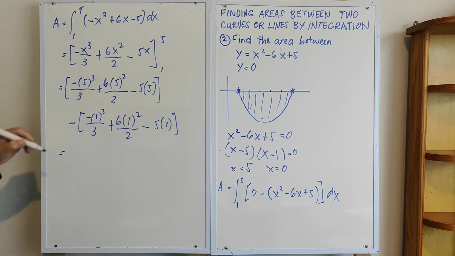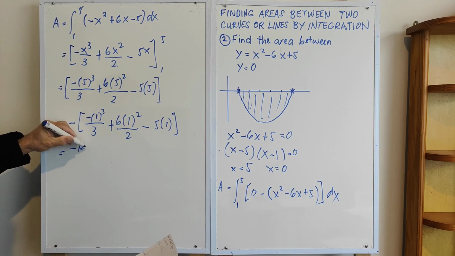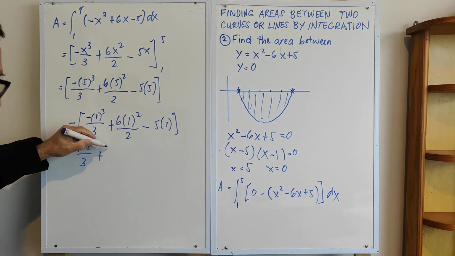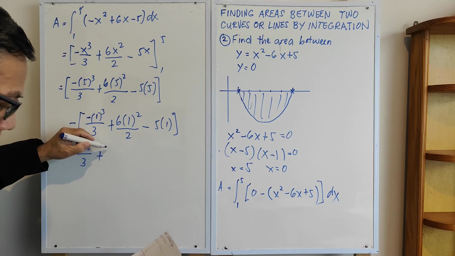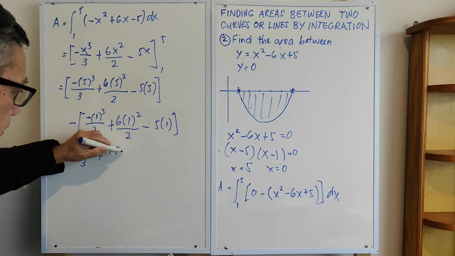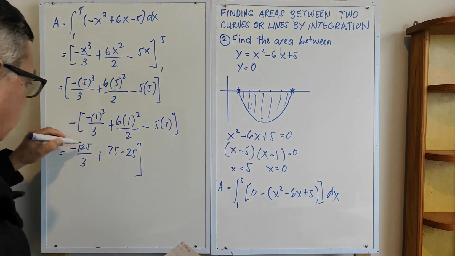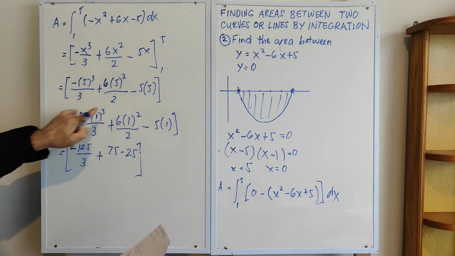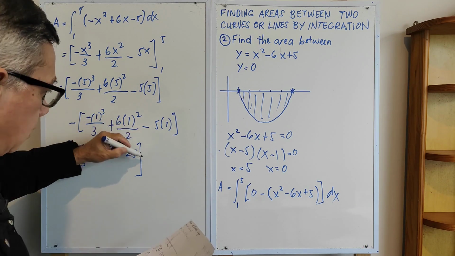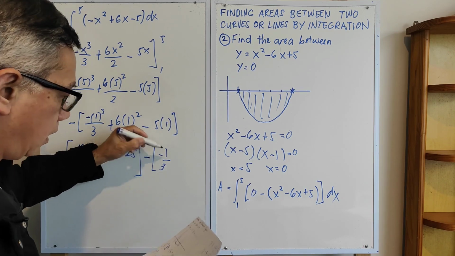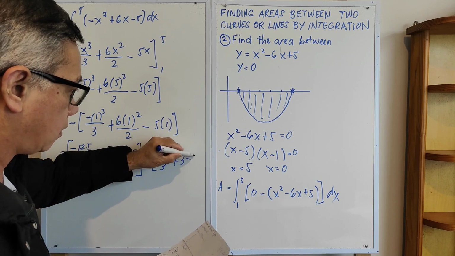So that would be negative 125 over 3 plus 75 minus 25, and then we subtract this one. Simplifying, we will have negative 1 over 3 plus 3 minus 5.